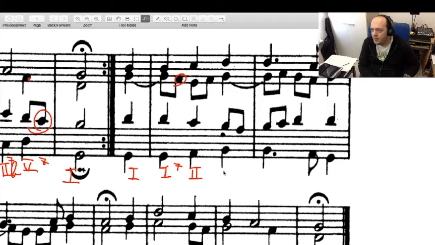I think I will, because it goes to 1B here. So I will do a chord 7 here on the second quaver. Fa sharp, la, and do twice.